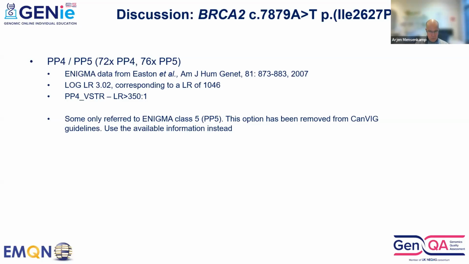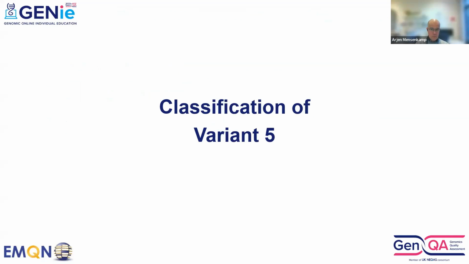And this option has been removed from the CanVIC UK guidelines. But of course, you can use the available information on why ENIGMA ended up at that classification, and that is the PP4 data for likelihood calculation on the basis of segregation. Okay, thank you.